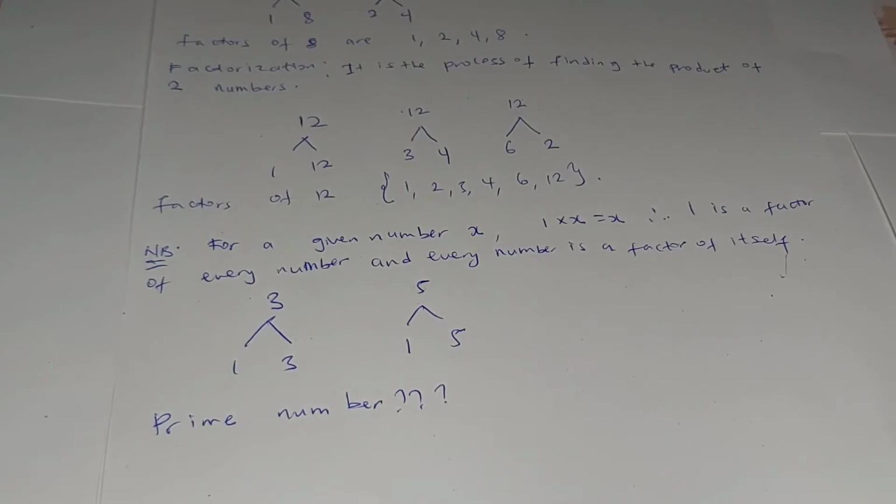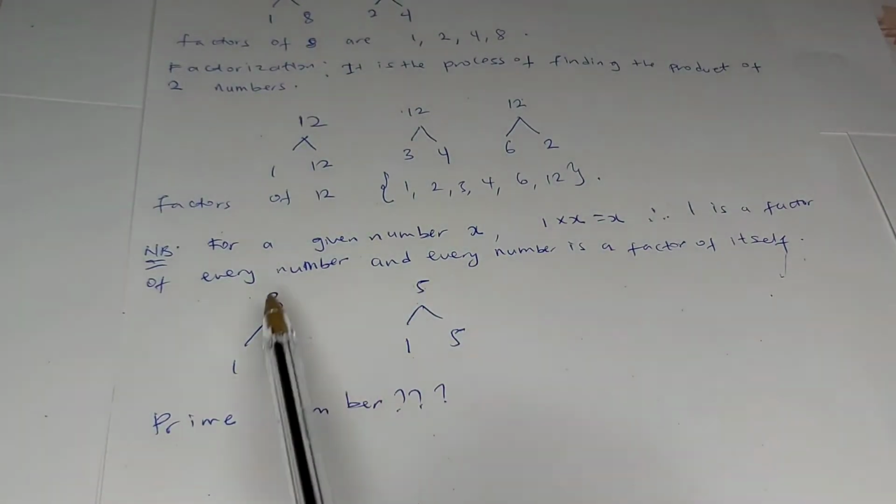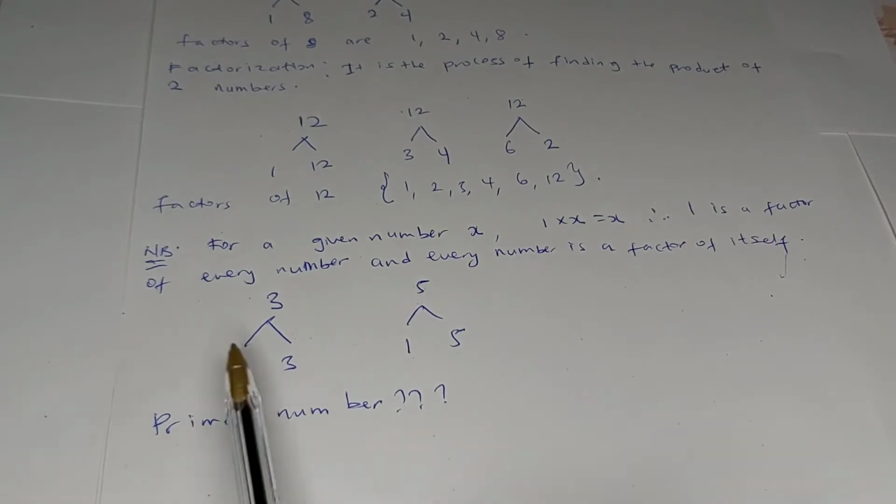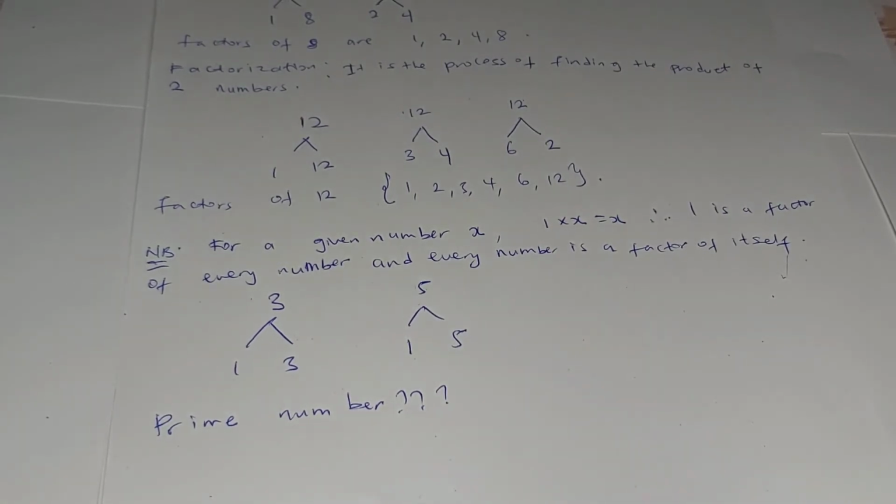For 3, the factors are 1 and 3. For 5, the factors are 1 and 5. Since there are no other numbers you multiply to get 3 and 5, they are prime numbers.